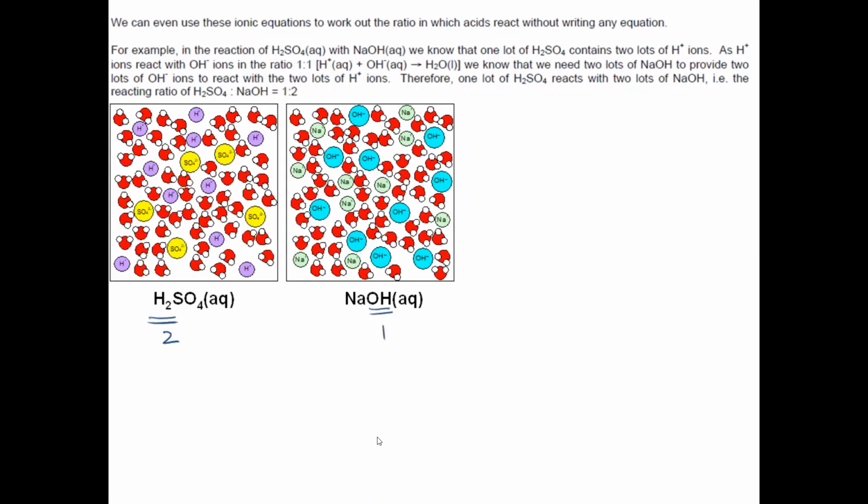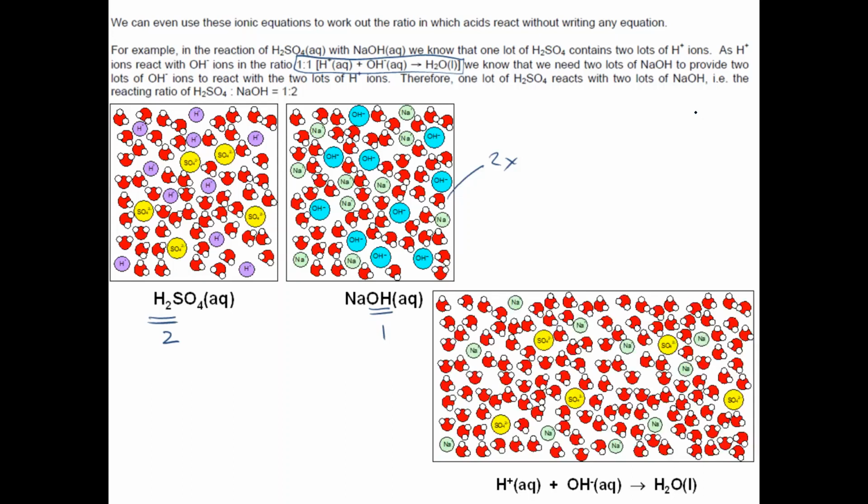But the ratio in neutralization reaction, which we can see in here, is 1 to 1 because 1 H plus and 1 OH minus need to react together. So we know that we need to double the amount of sodium hydroxide compared to H2SO4 for the reaction to happen, isn't it? So the ratio needs to be 1 to 2. Okay, and as a product you get water, and sodiums and SO4 2 minuses stay unchanged.